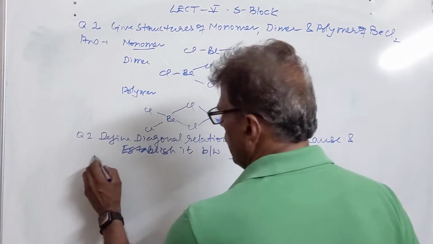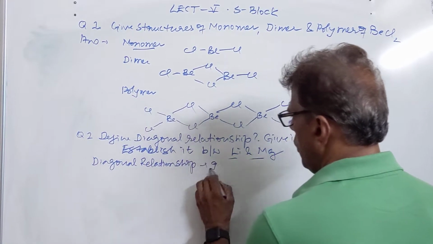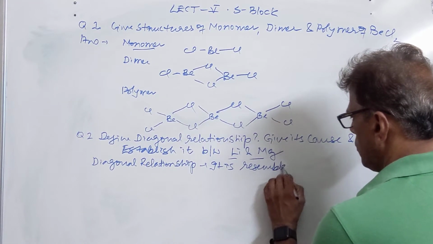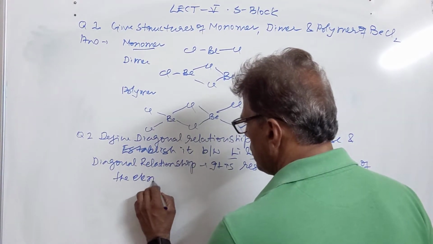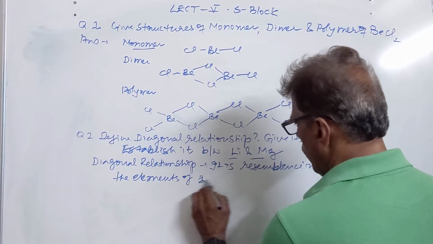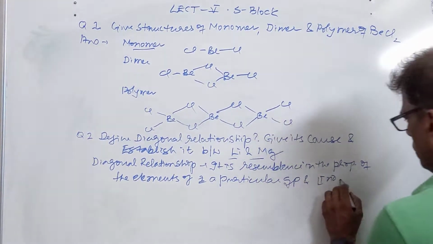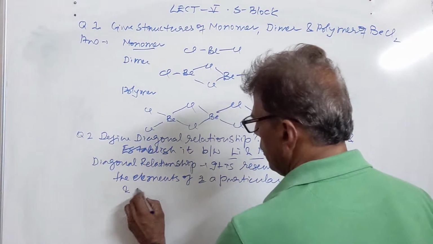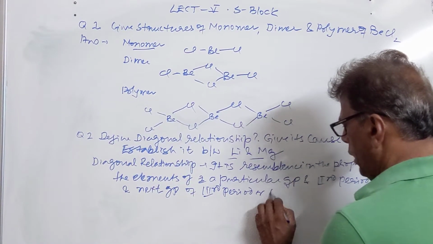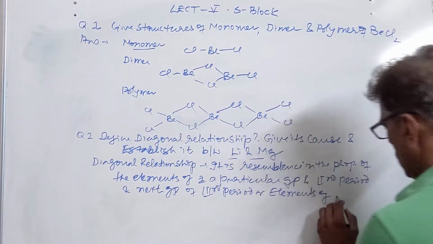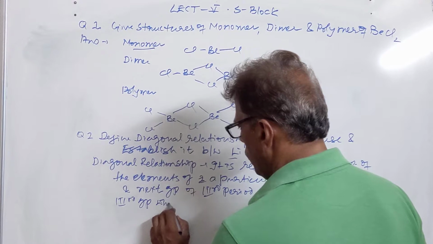Now what is the cause of diagonal relationship? It is the resemblance in the properties of the elements of a particular group of the second period and the next group of the third period, or elements of the second and third period which are placed diagonally.